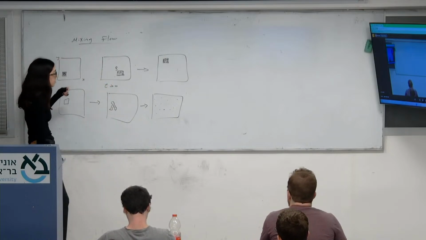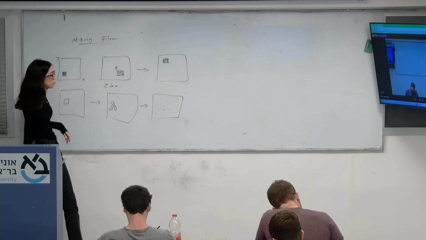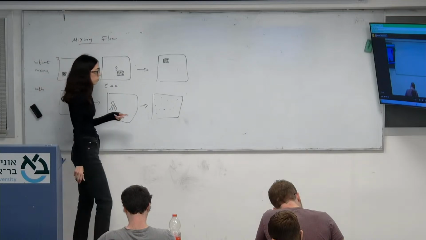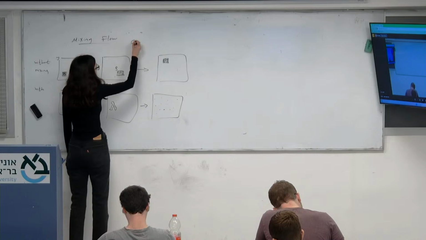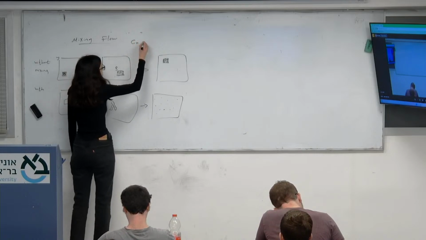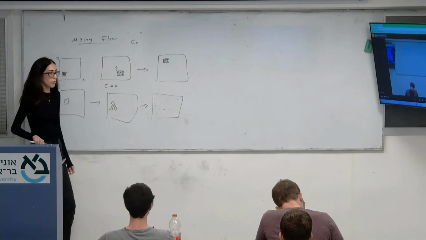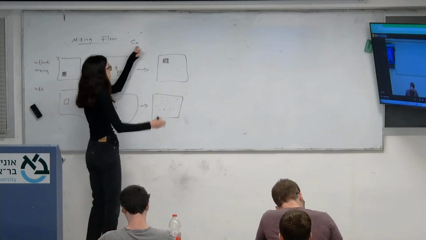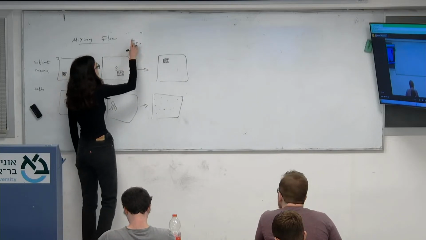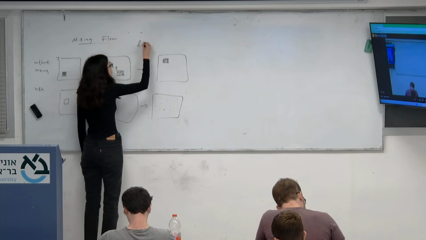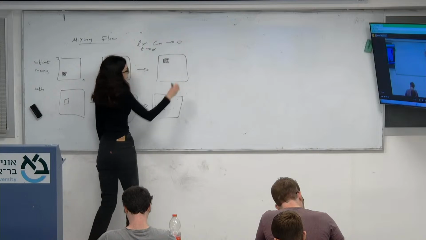The definition of a system that follows mixing flow is that the correlation between points in phase space, so you have a correlation Cn. There is a mathematical definition for those of you who want it, but I don't want to write it because it's not present. This is the correlation function between 2 points in phase space. When t goes to infinity, this goes to 0.